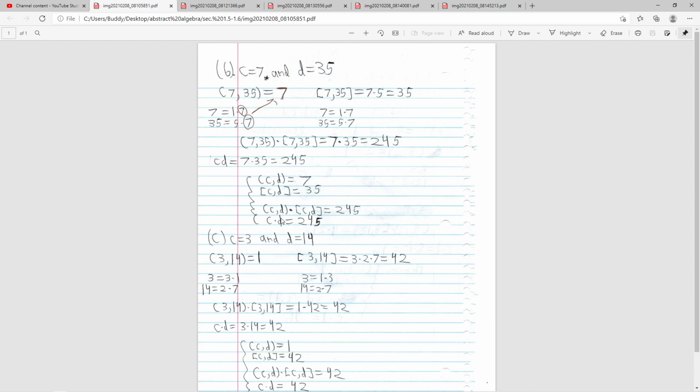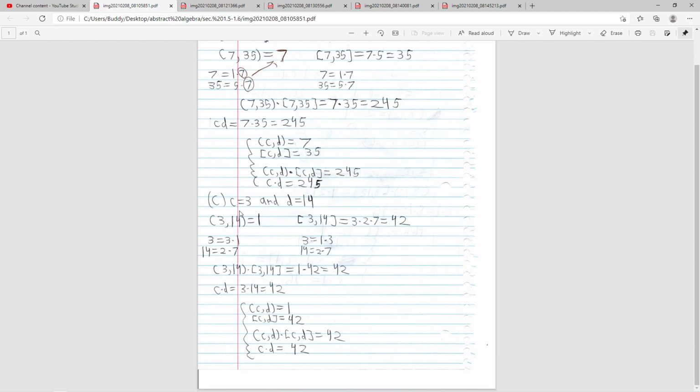And that's your chart here. Then finally, C equals 3 and D equals 14. The greatest common divisor is just 1. This means they're relatively prime, which makes sense by eyeballing it. They don't have anything in common except for 1.